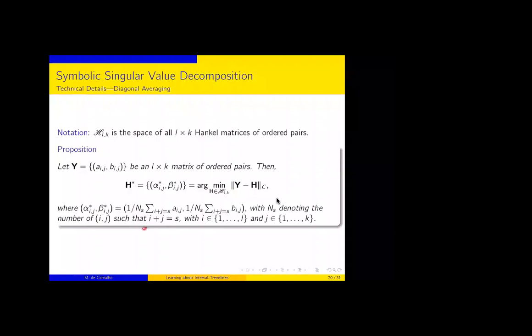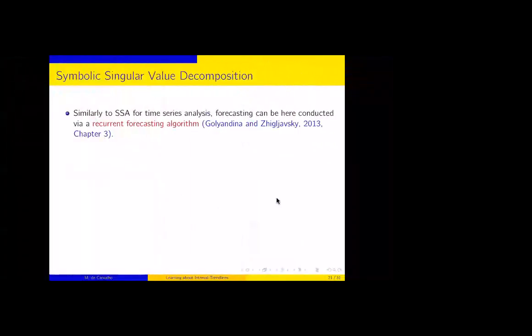This is similar to what already appears in standard singular spectrum analysis. And I must stress that the norm plays an important role here. Okay, so that's it in terms of technical details.